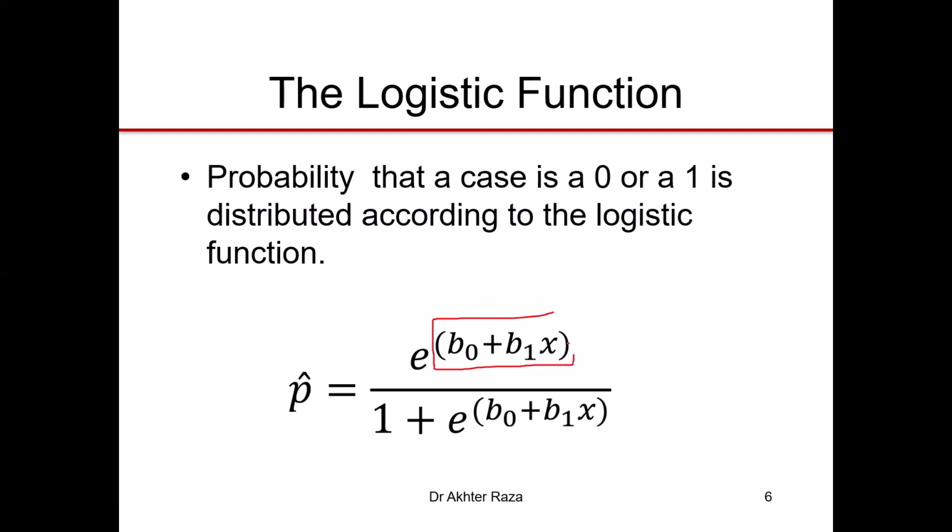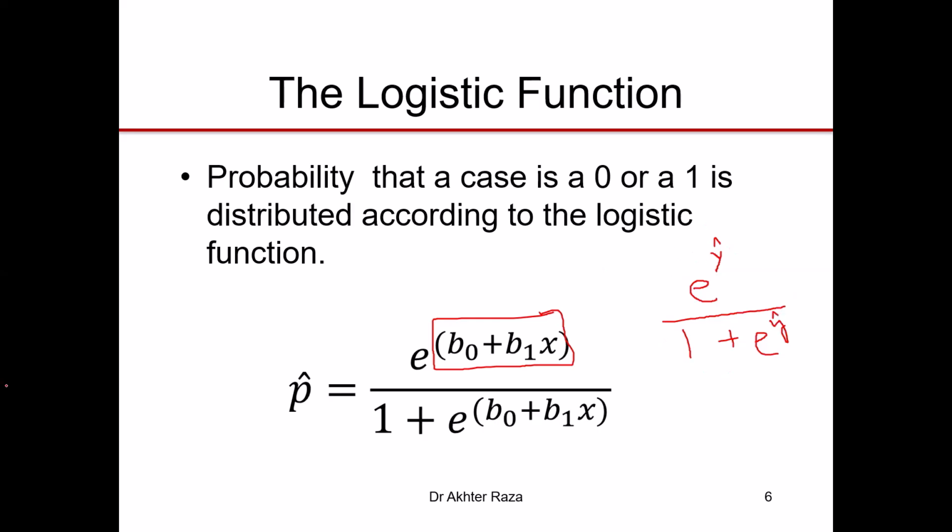You can imagine y cap as the predicted value of the variable y by the OLS, ordinary least squares. So you have to form a function: e raised to the power y cap divided by 1 plus e raised to the power y cap. This is called the logistic function.